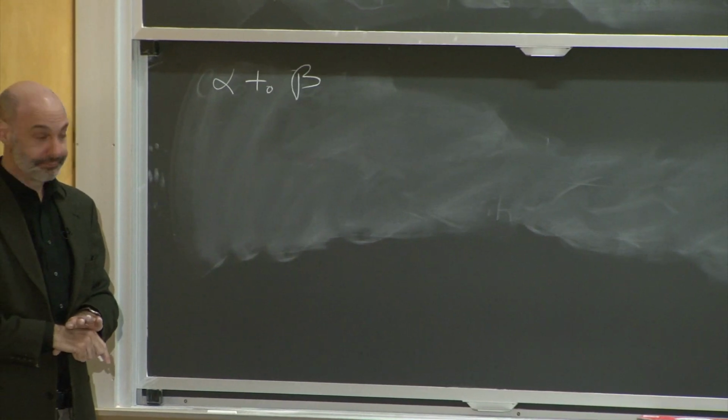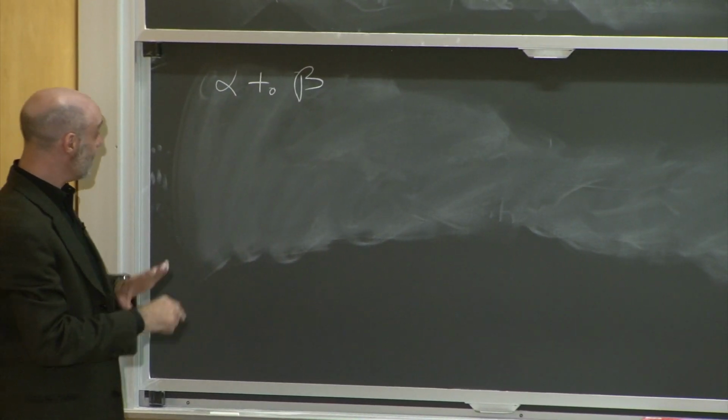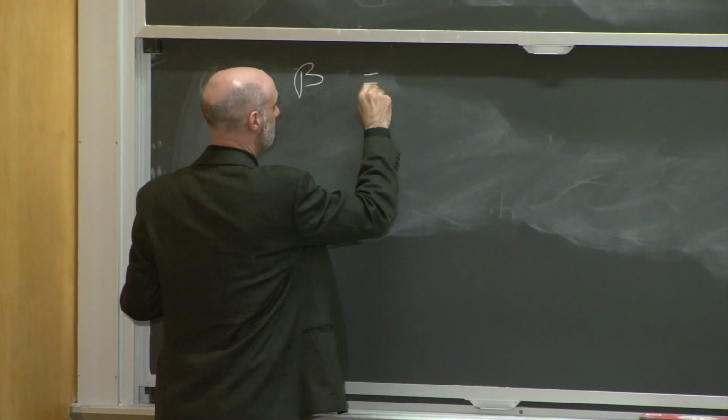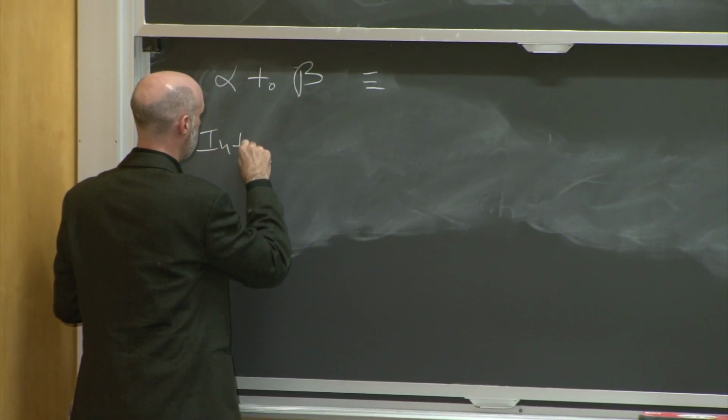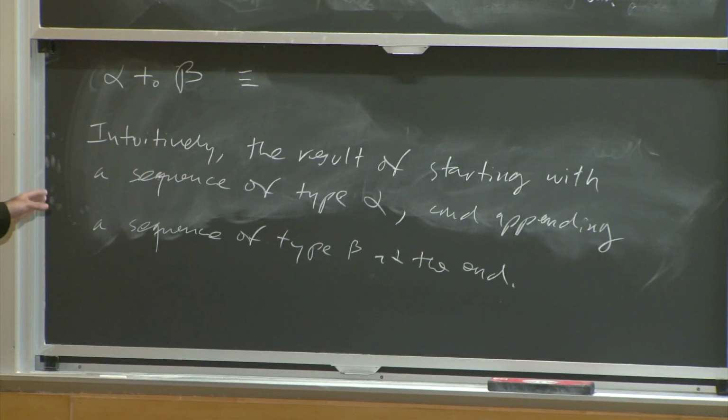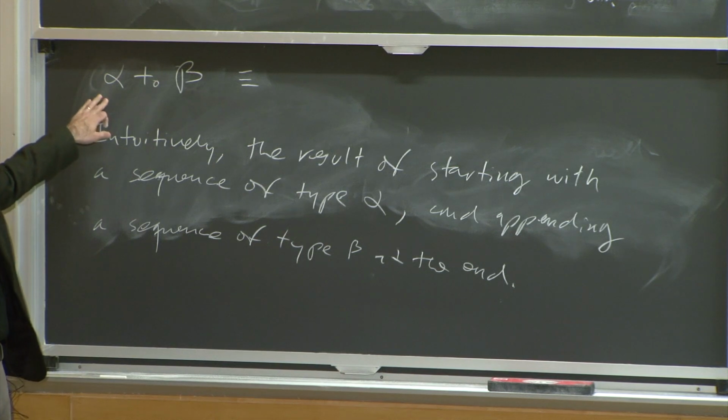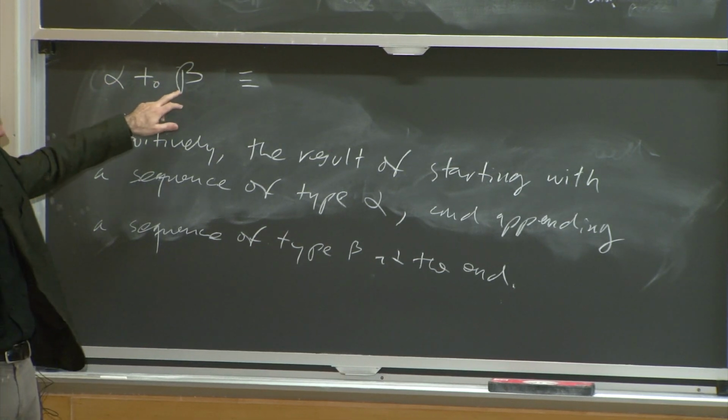Alpha plus beta is intuitively the result of starting with a sequence of type alpha and appending a sequence of type beta at the end.